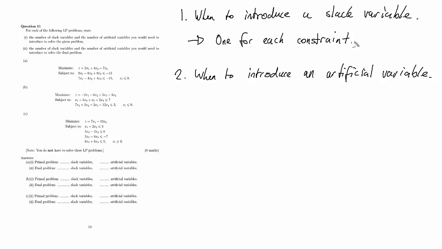For the second one, you have to look at the form of the constraints. You introduce one for each constraint of the following form.